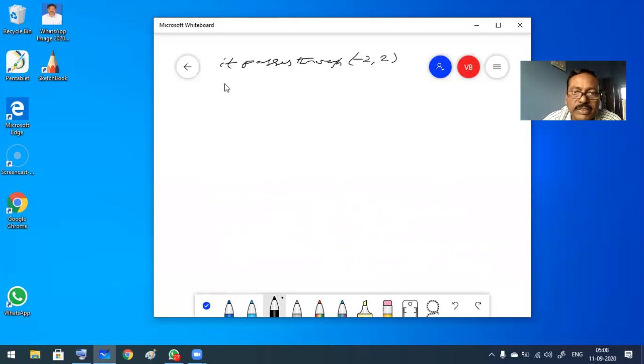So substituting in the equation x square plus y square plus 2gx plus 2fy plus c is equal to 0, with x as minus 2 and y as 2.